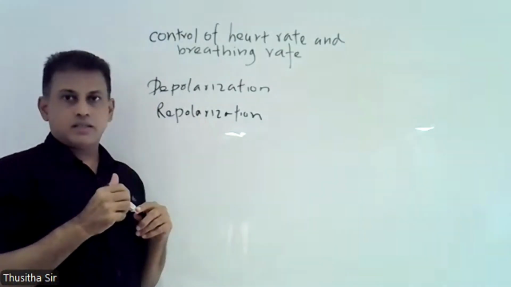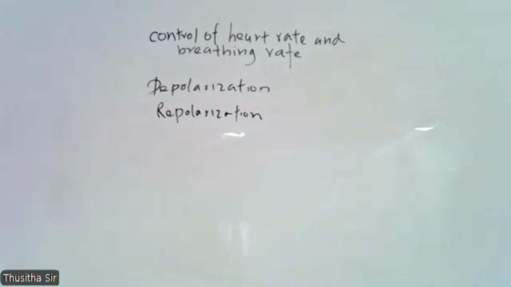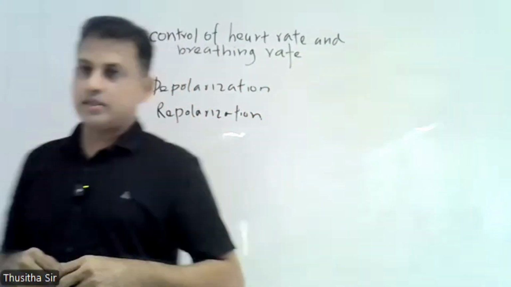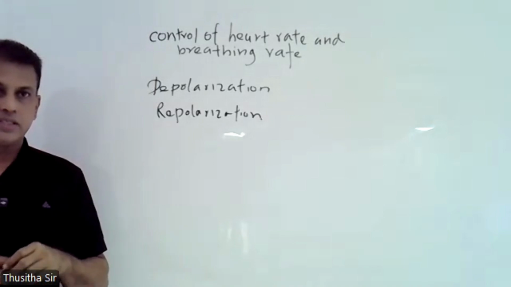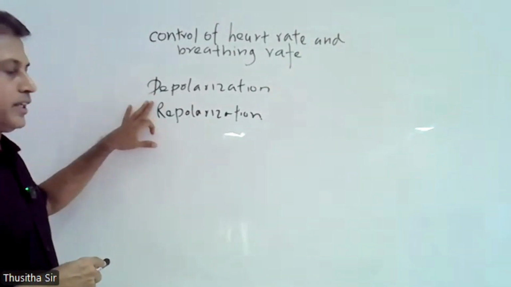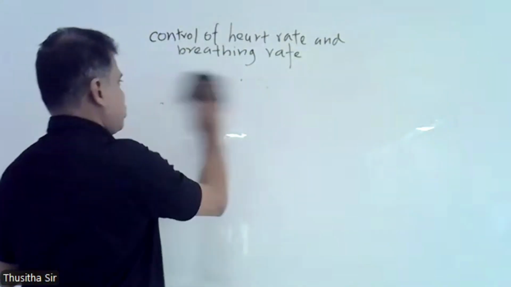Heart muscles, skeletal muscles, and nerves can do this kind of thing: excitability, depolarization and repolarization. We're going to learn this in detail in the nervous system.